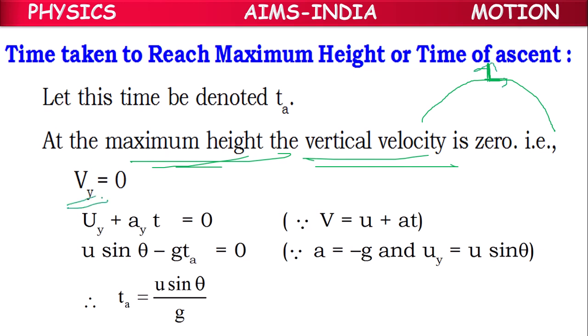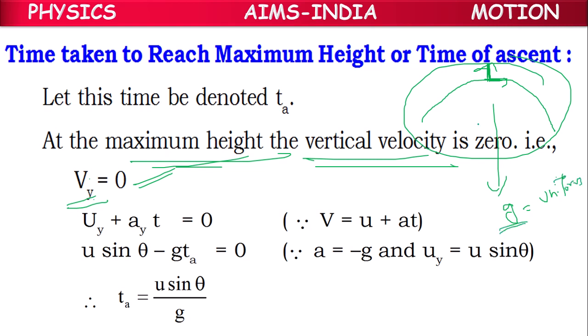So Vy, the vertical velocity, is 0, but the oblique projectile is under the influence of g, which is uniform. The g value is uniform at all places. Acceleration due to gravity is 9.8 meter per second square on the earth.